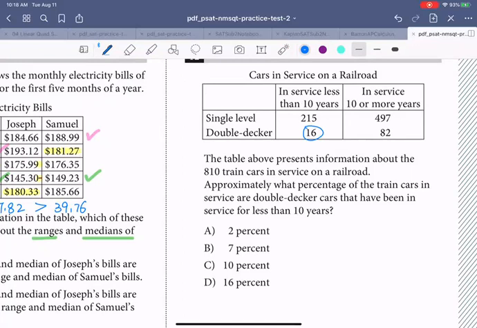Should it be 7%? Why did you choose 7%? Because 16 over 215 is 0.07 something.